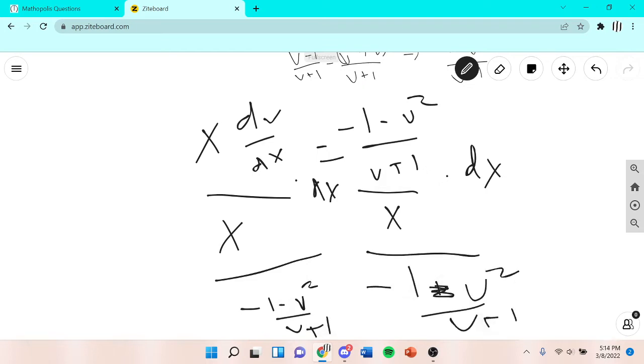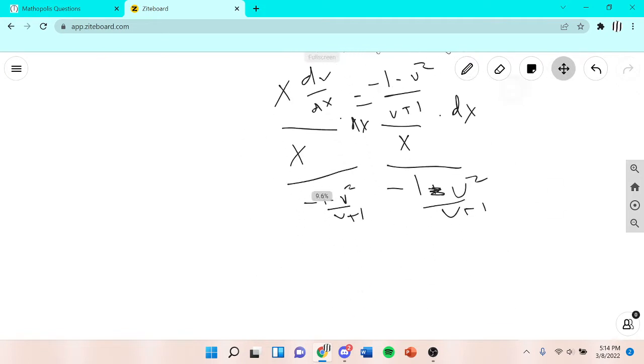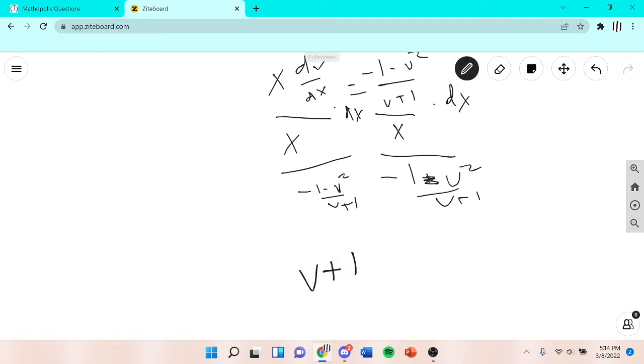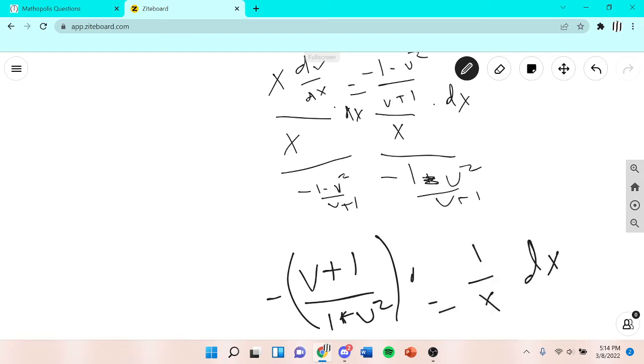So what this becomes is just v plus 1 over negative 1 minus v squared. So we could just put the bottom here, and that's equal to 1 over x dx. So it should say dv.